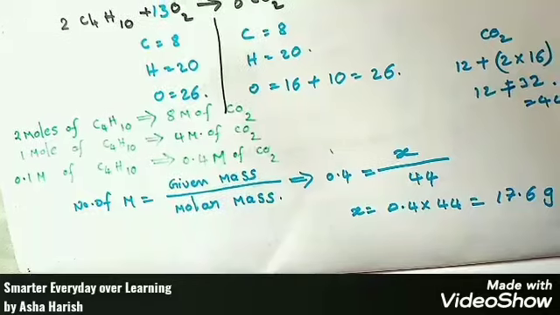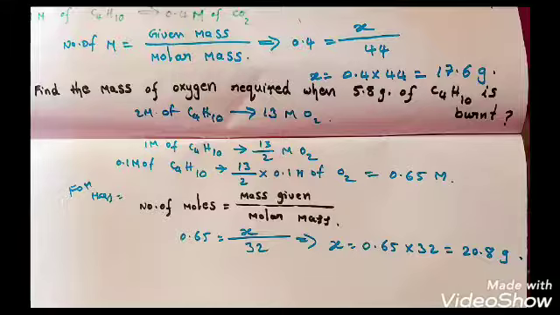And students, basing upon the same equation, the burning of butane in the presence of oxygen, they have given another question: find the mass of oxygen required when 5.8 grams of butane is burnt. So students, by seeing the first chemical equation, we can write like this: if you take 2 moles of butane, for this you have to use 13 moles of oxygen.